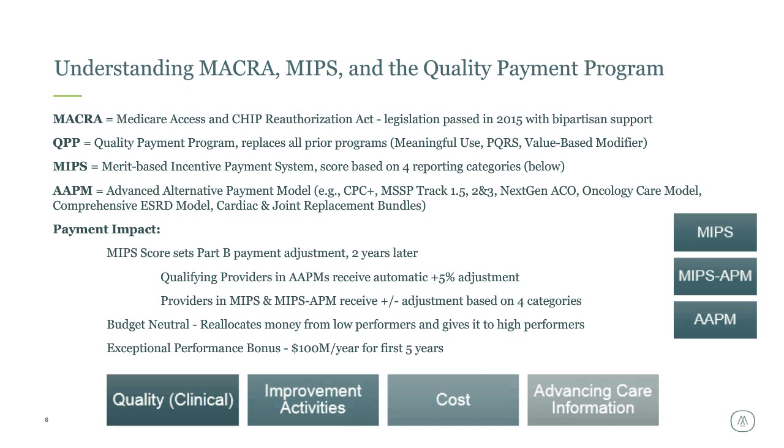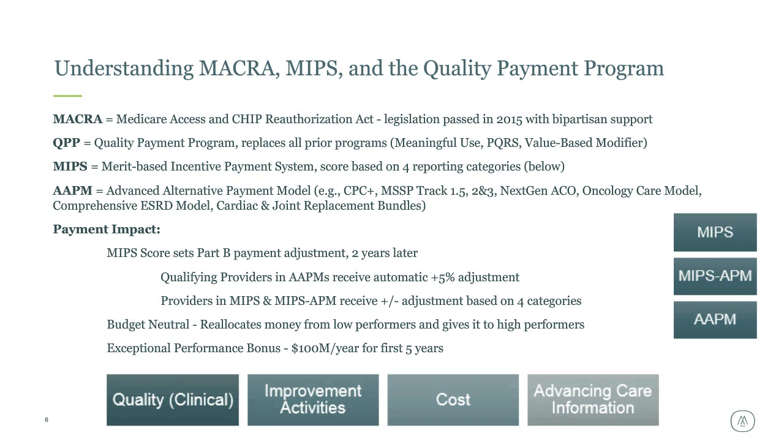And then if you take on higher levels of risk and higher levels of reward, you can see a list of kind of example programs there. You can become an advanced alternative payment model participant. And if you sort of do enough billing under this model, qualifying participants would be in this AAPM category. So they would not have to report on MIPS at all.